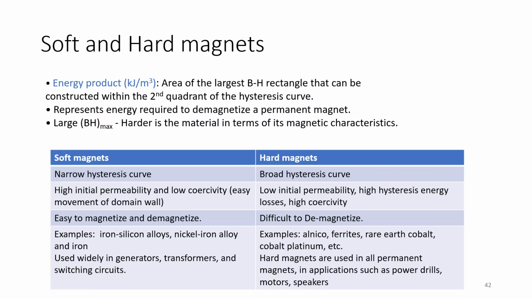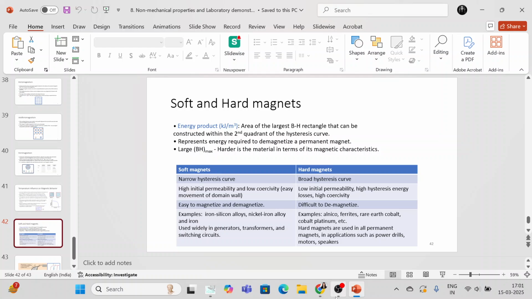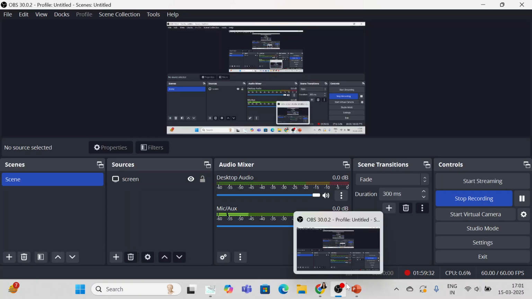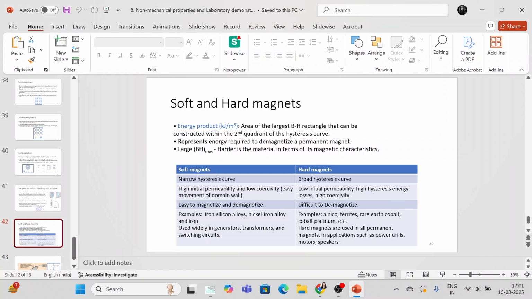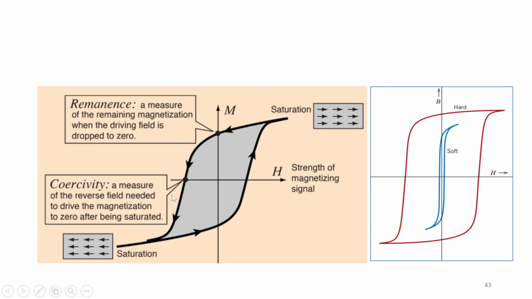Then there is the difference between soft and hard magnets. Based on hysteresis loops, this is the remanence here, and this is the coercivity. Based on this product, you get whether your material is a soft magnet or a hard magnet.